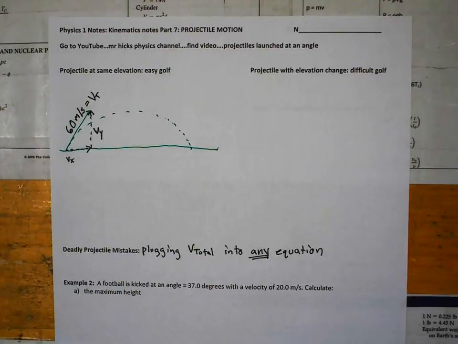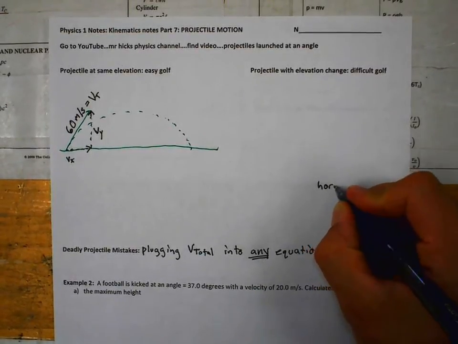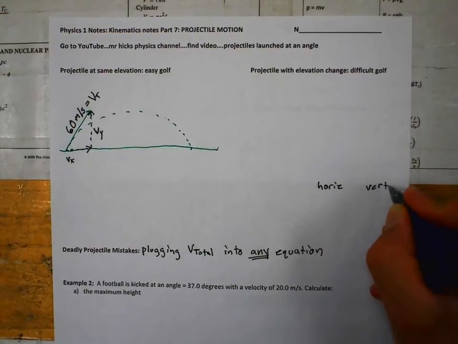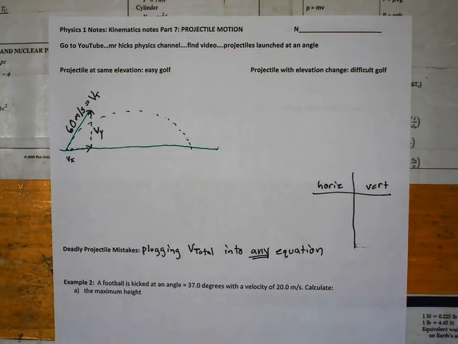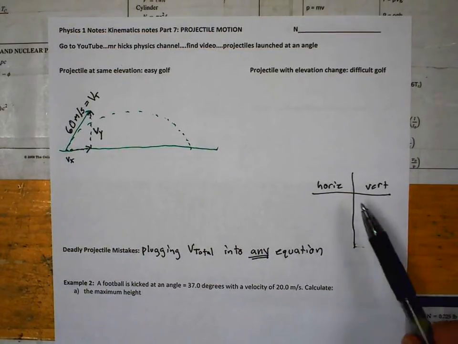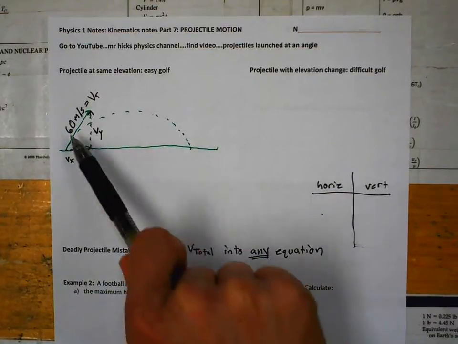Why can't we do that? Okay, well, let's look at this. Don't we do these horizontal, vertical tables? Isn't it both? That's the answer. This is horizontal and vertical, right? It's horizontal this much and vertical that much. So we can't put 60 on this table. We have to break it apart into its x and its y.